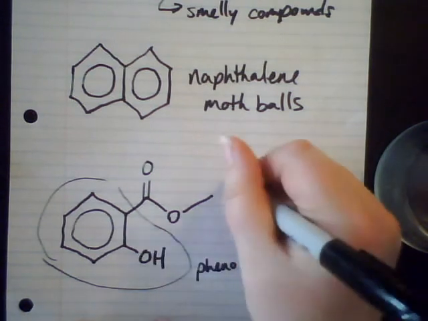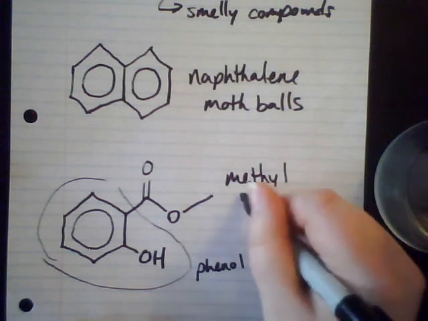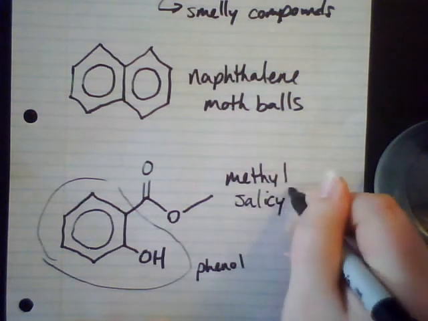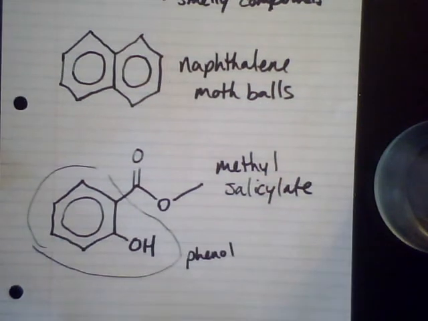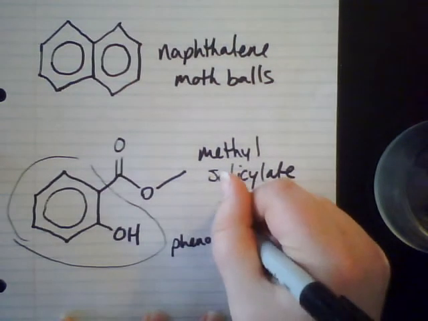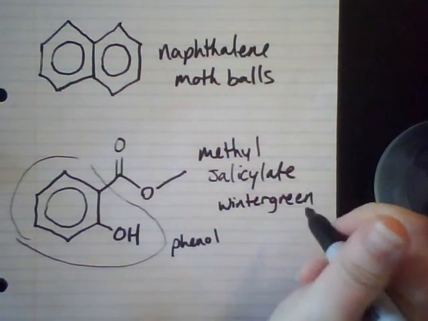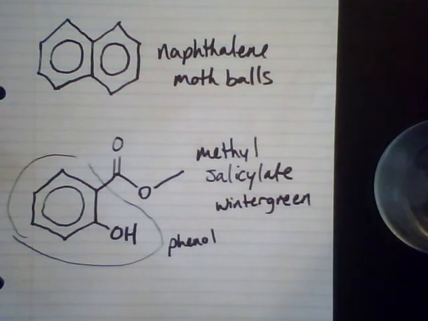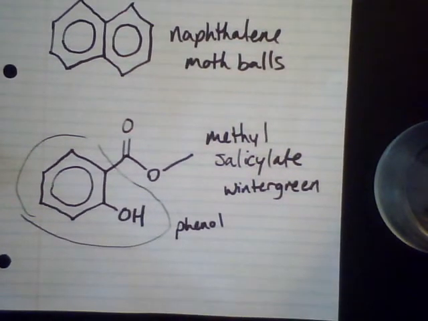The name of this molecule is methyl salicylate, and it is responsible for the smell of wintergreen. So if you like wintergreen mint kind of gum, then the reason for the smell is this particular molecule.